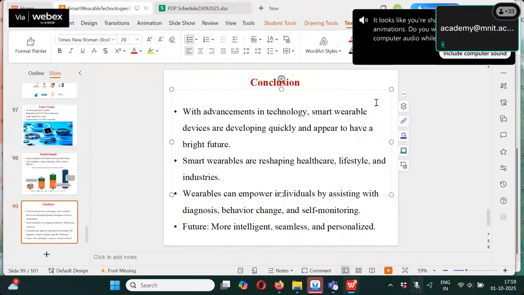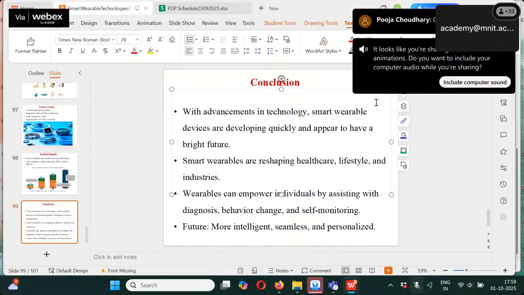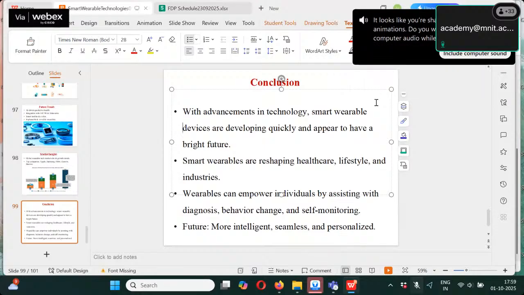So there are lightweight security protocols that you can adopt in your smart wearable technology. Any other question? If no further question, then we stop over here.